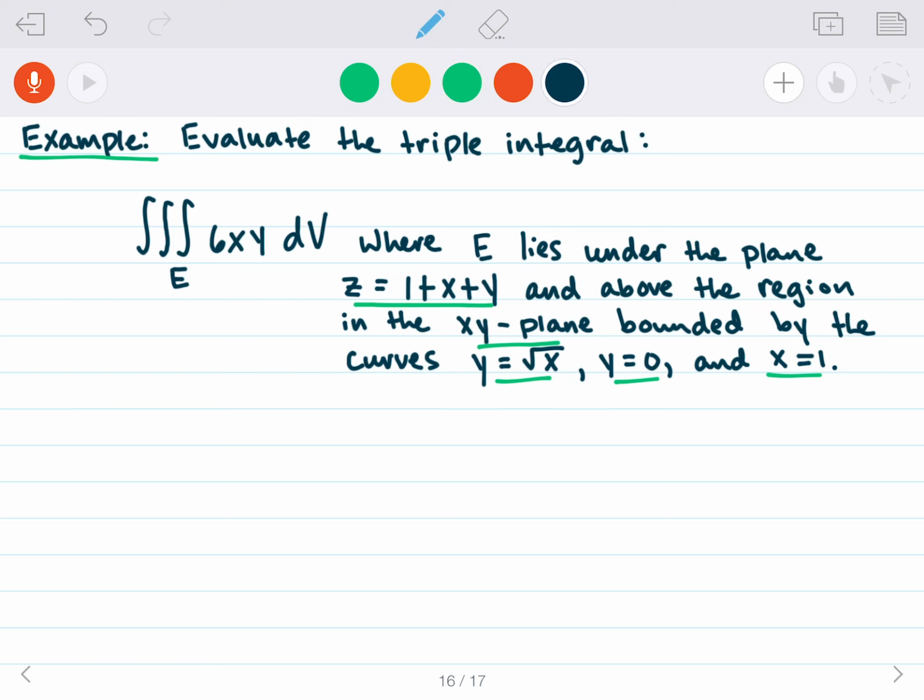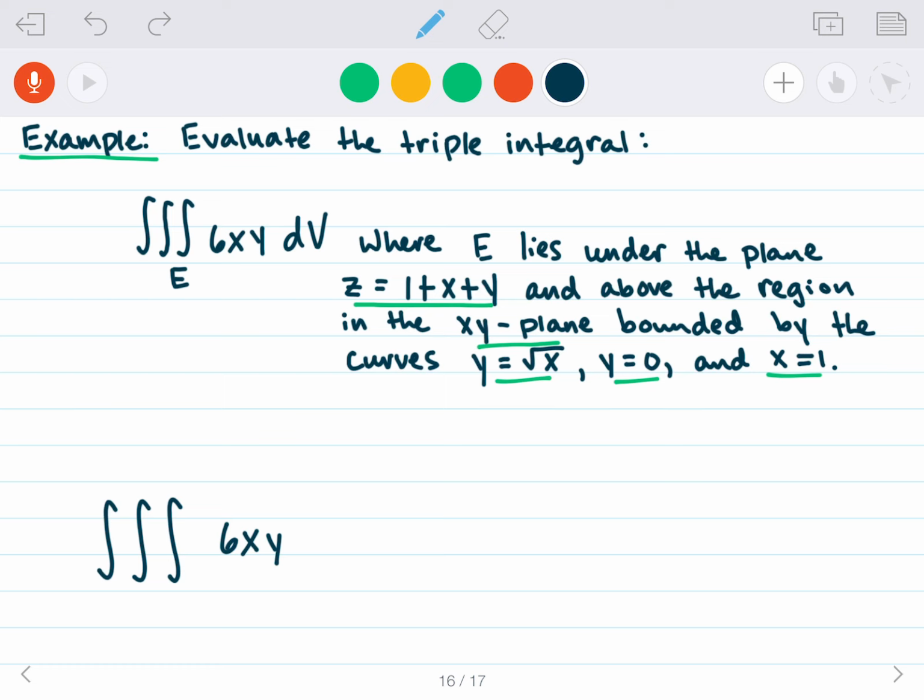Alright, so let's go ahead and figure out our bounds and set up our triple integral. So this time our function is not 1, but it's 6xy. And this dV is going to be replaced by the little change in z times the little change in y times the little change in x.